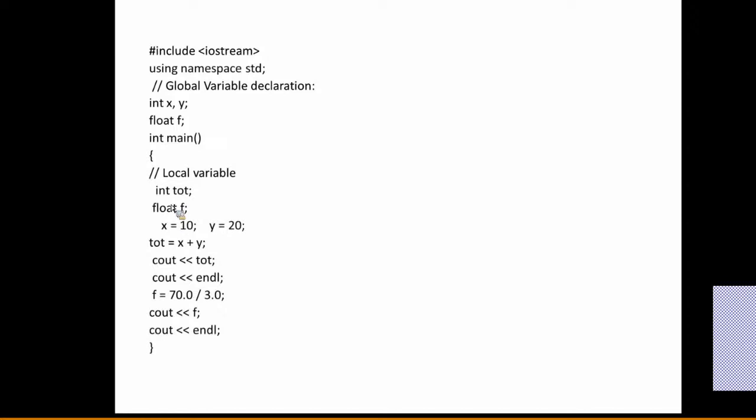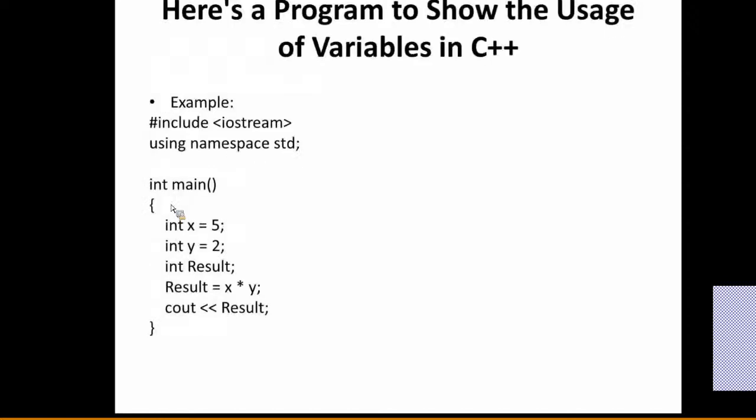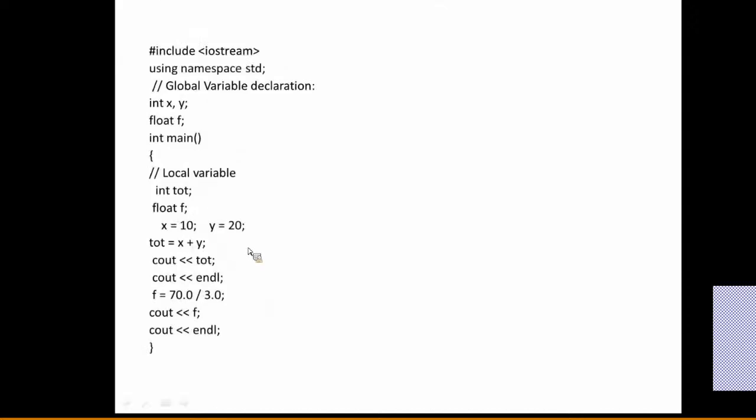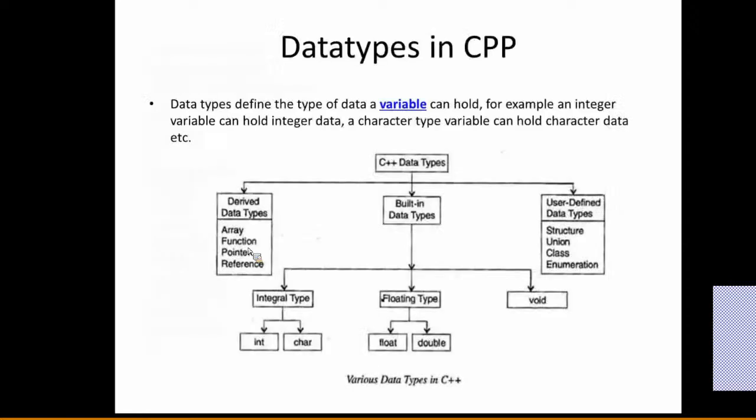Then I'm just trying to find out the total and find the average over here, nothing else. I'm not doing anything else with respect to the program. This is just working with the concept of variables. If you understand this small program, that is enough as of now. Here I'm just trying to show you what is global variable declaration, what is local variable declaration.